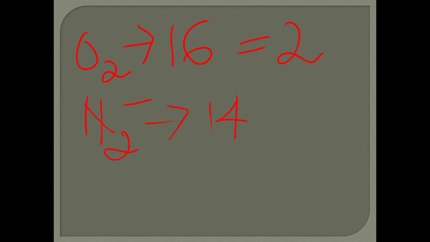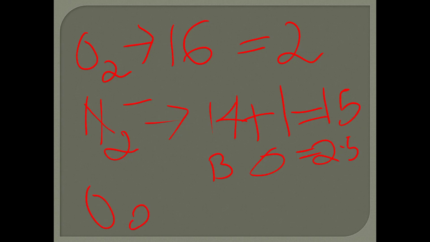So 14 plus 1, which is 15. I'm sorry, there's one error there. Here it is minus, so you have to add 1. So the total comes out to be 15, and if I am not wrong, the bond order comes out to be 2.5. You all can calculate and check it out.